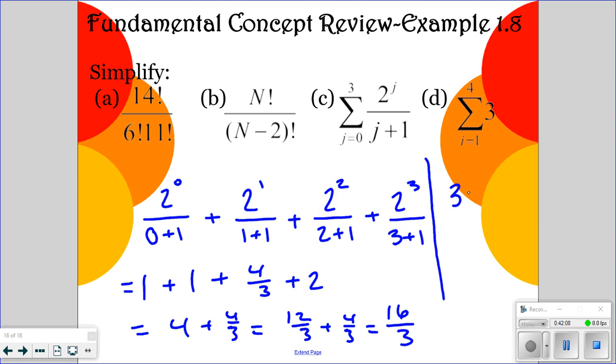When we plug in a 2 for I, we just get a 3. When we plug in a 3 for I, we again get a 3. And when we plug in a 4 for I, again we get a 3. Because there was no variable to plug in. Every time you plug it in, you're just going to get 3. So we plugged it in for 1, 2, 3, and 4. Every time we got 3, all that adds up to be 12. So that would be your answer for that one.